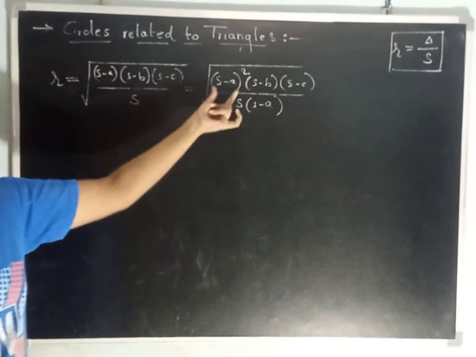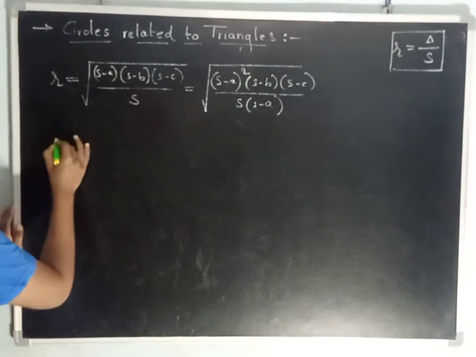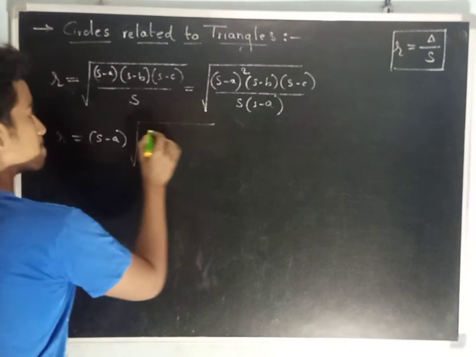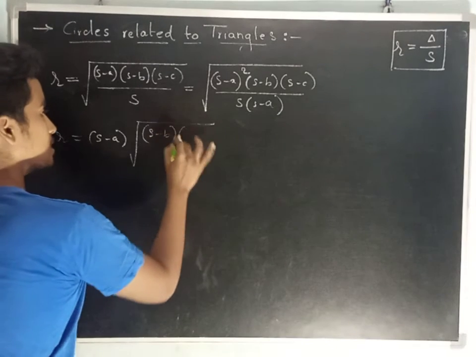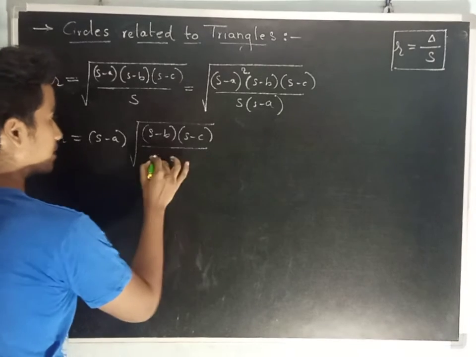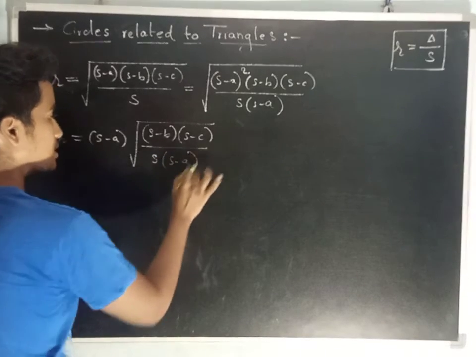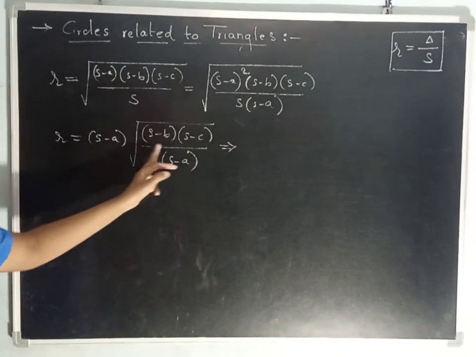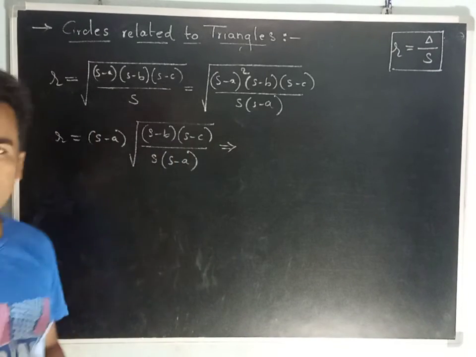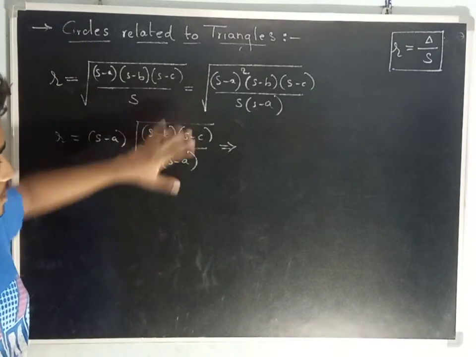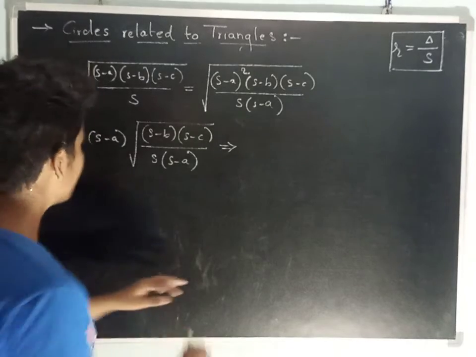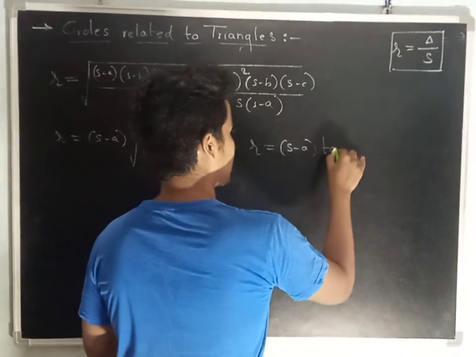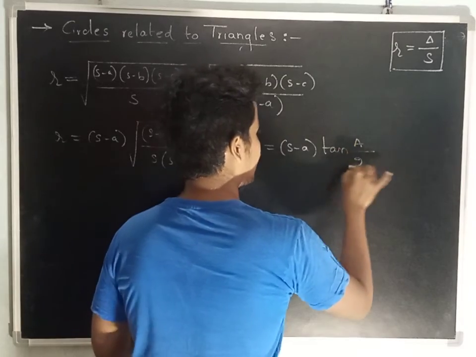Let me take (s minus a) whole square out, so that I get s minus a into root of (s minus b)(s minus c) by s(s minus a). This part is the short form of tan A by 2.